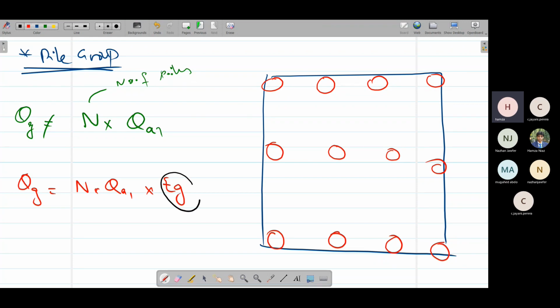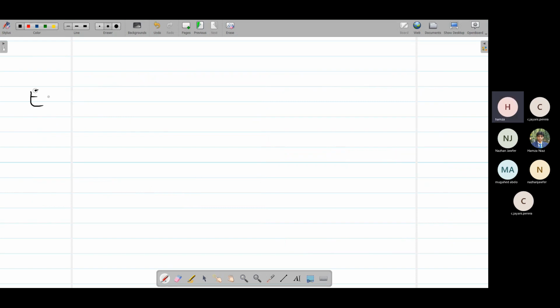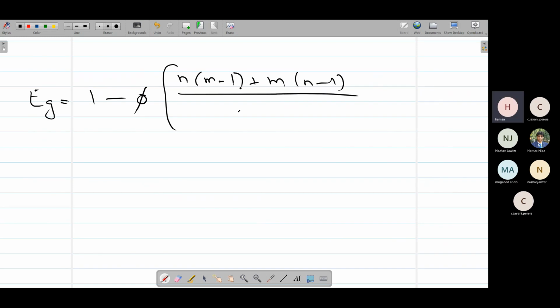Eg is the efficiency factor for piles, and we can calculate this as Eg is equal to 1 minus phi times n m minus 1 plus m n minus 1 over 90 times nm. This formula we have to memorize. It is quite simple. So this is the formula for the efficiency of a pile group.